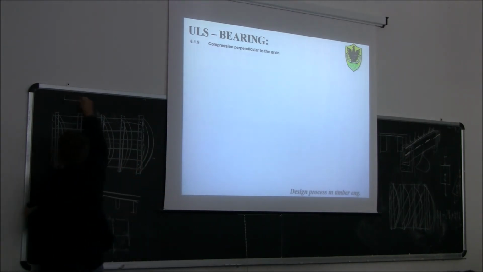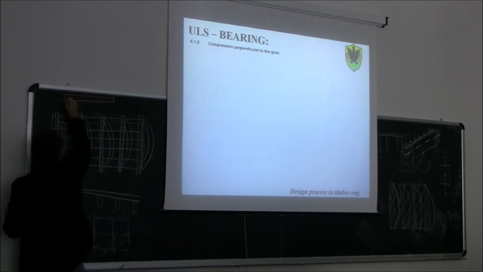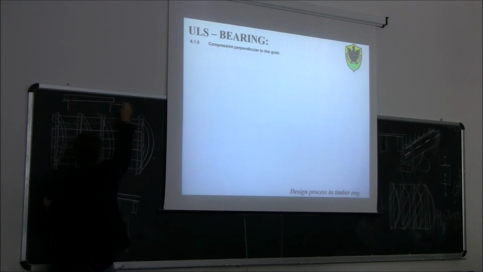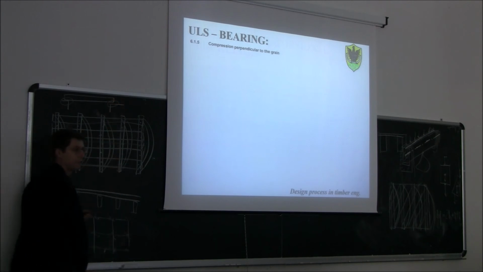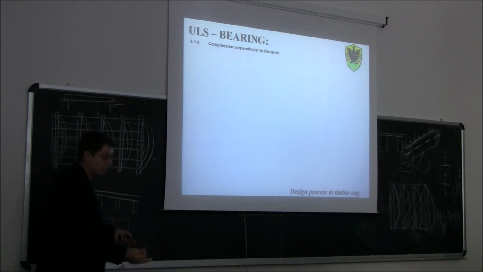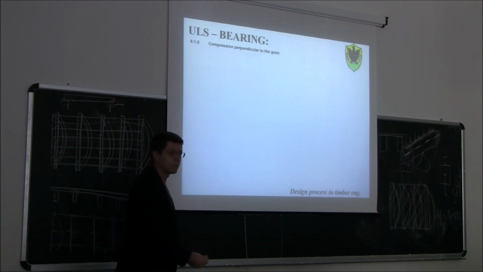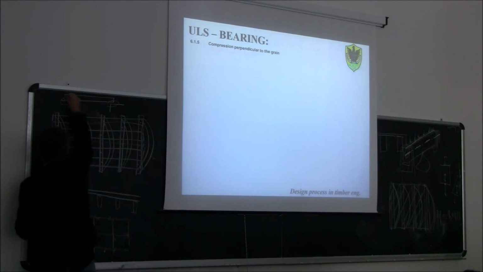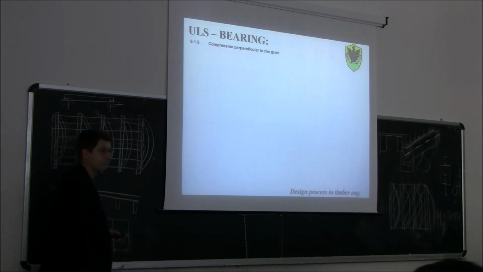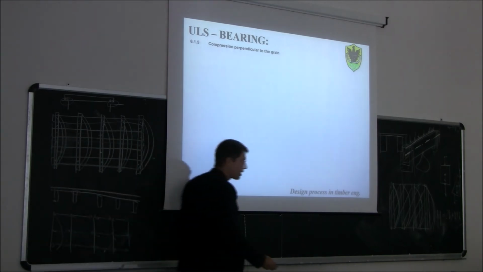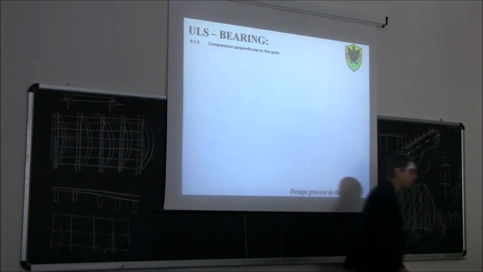Basically, if this is the beam, in this region here, basically where the beam is supported, there you see we have compression perpendicular to the grain. So we need to do a check for compression perpendicular to the grain.